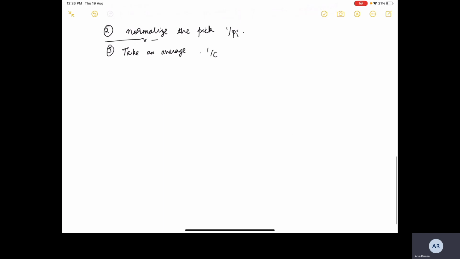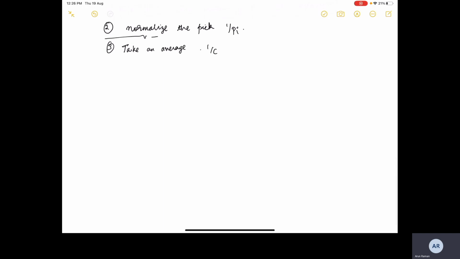We can consider a sample run. Let us assume that C is equal to 3. At T equal to 1, where T goes from 1 to C, let's say we get J1 equal to 2. So we pick A2, B2 transpose, and normalize it by 1 by P2.